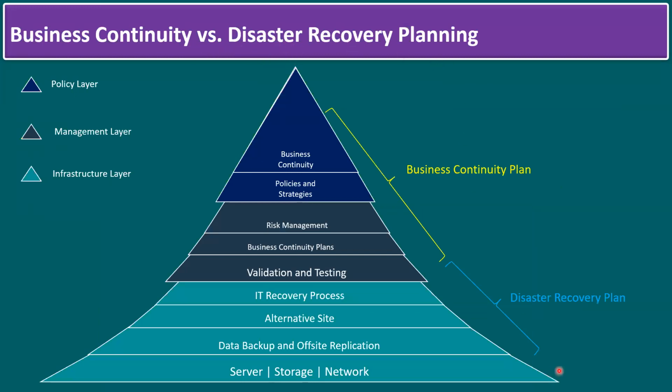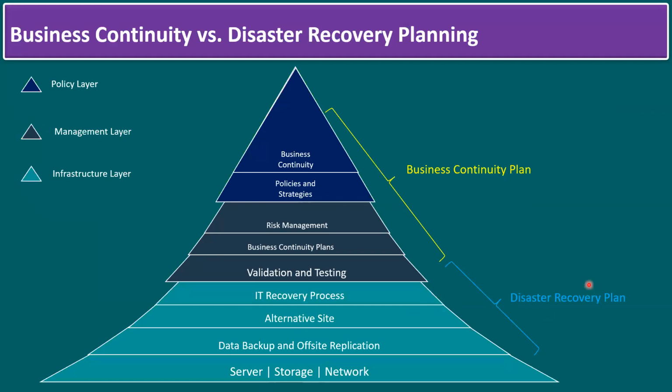As I mentioned, disaster recovery mainly focuses on restoration. Restoration means most IT infrastructure assets, irrespective of on-premises, edge location, or cloud environments. The most common items are server, storage, network, data backup and offsite replication, alternative sites like site 2, site 3, and so on, and IT recovery process.